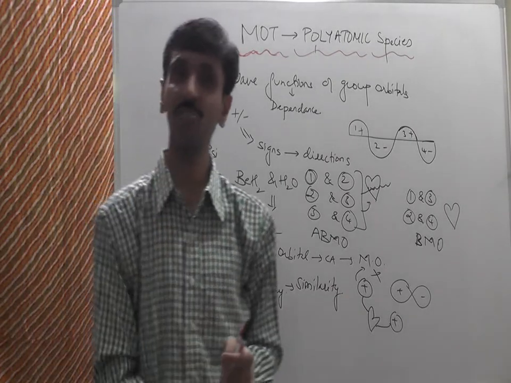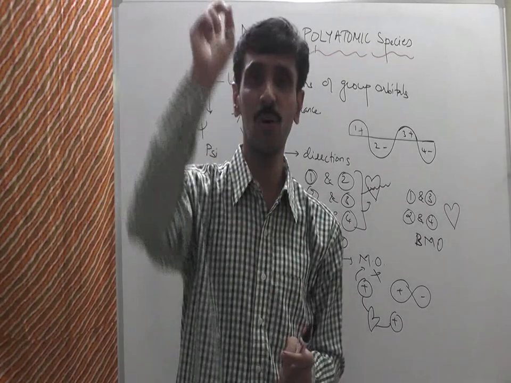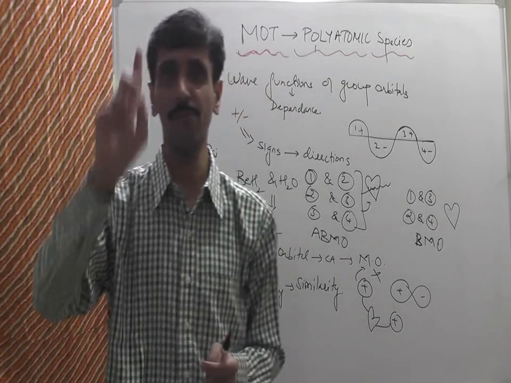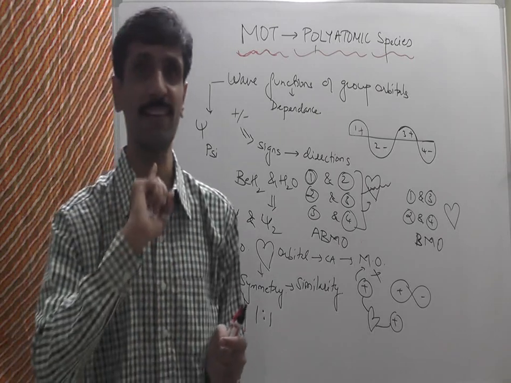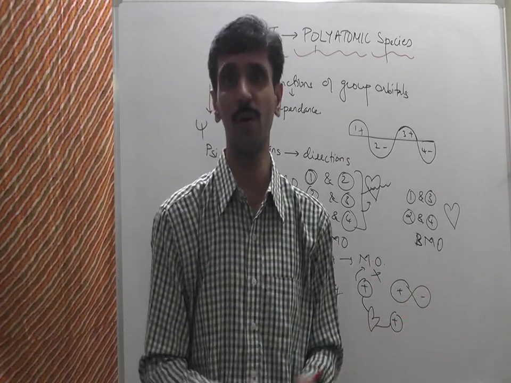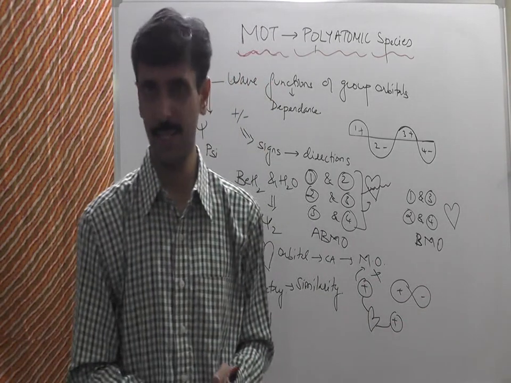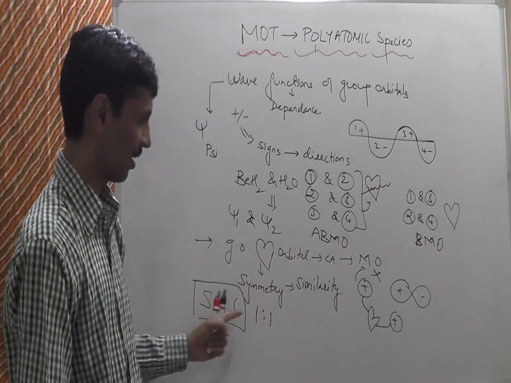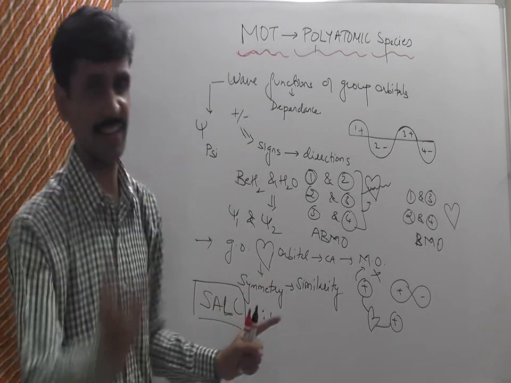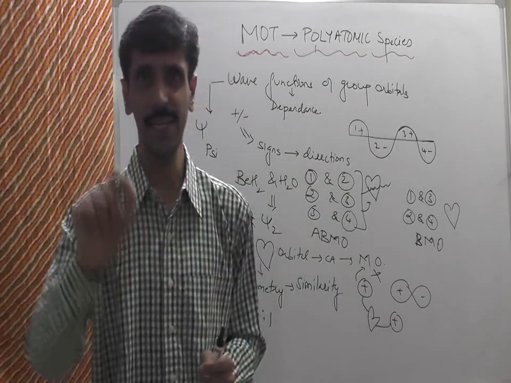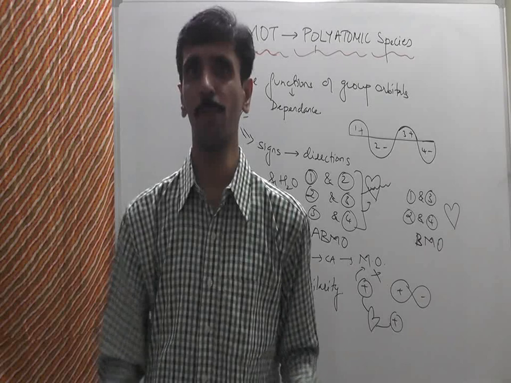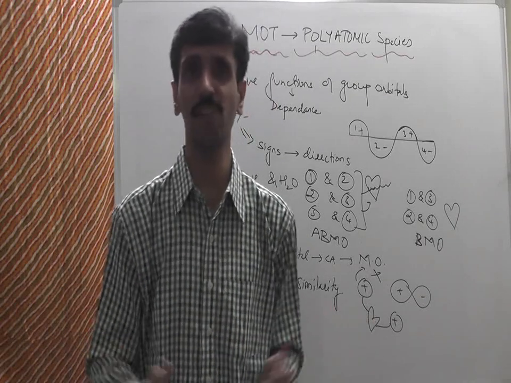And one more important thing is कि एक group orbital only and only orbital of one orbital of the central atom के साथ combine करेगा. Okay, so that's why it's linear combination, or I just use simple word is 1:1. Am I clear with this? So this is what the LC means is, and this is what the entire meaning is of symmetry adapted linear combinations. Alright, so I hope this part is absolutely clear to all of you all.